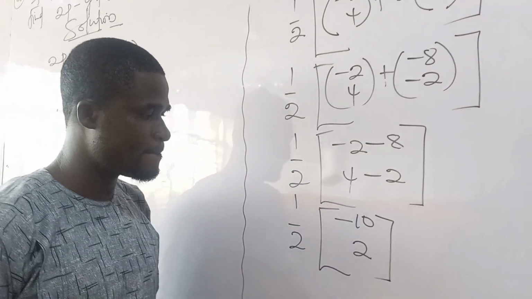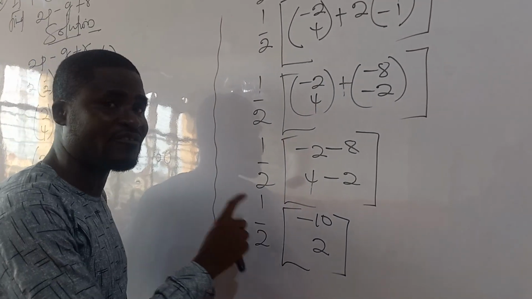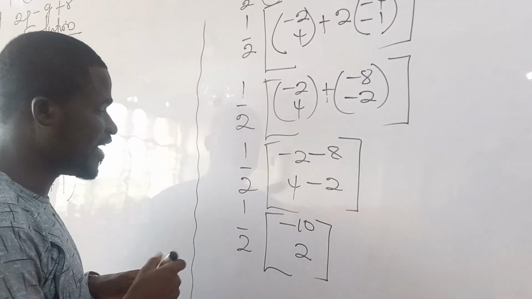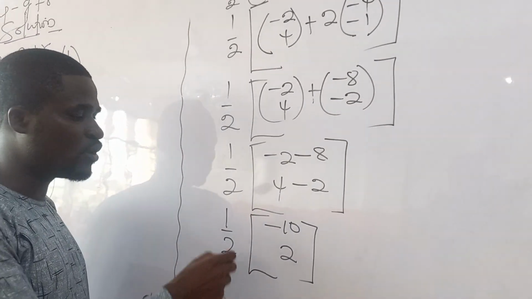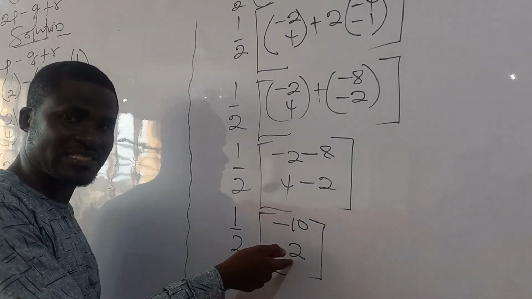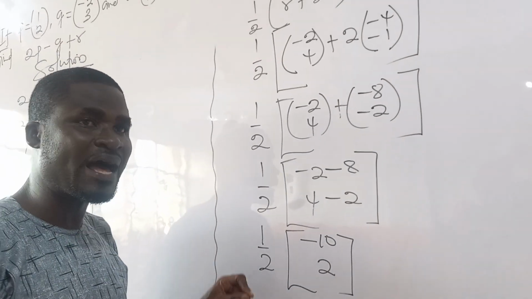Now, take note here. The first example we did, the number here was a whole number. But this one is a fraction. Because it's a fraction, we are going to use it to divide this and this. So when it's a fraction, you divide. But when it's a whole number, you multiply.